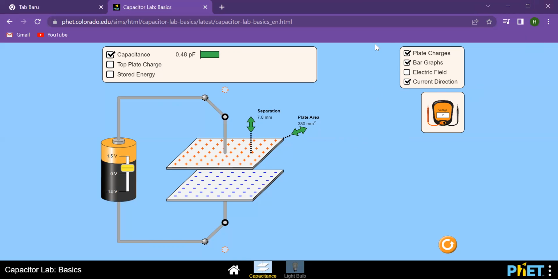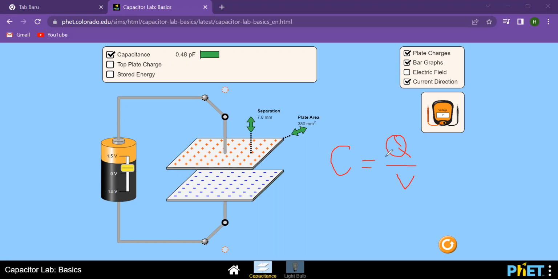You know that the formula of capacitance is C equals Q over V. C is for capacitance of the capacitor, Q for electricity charge.